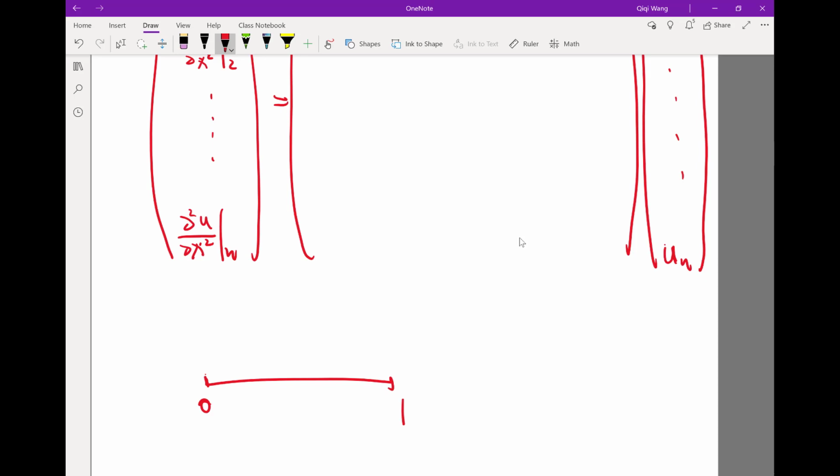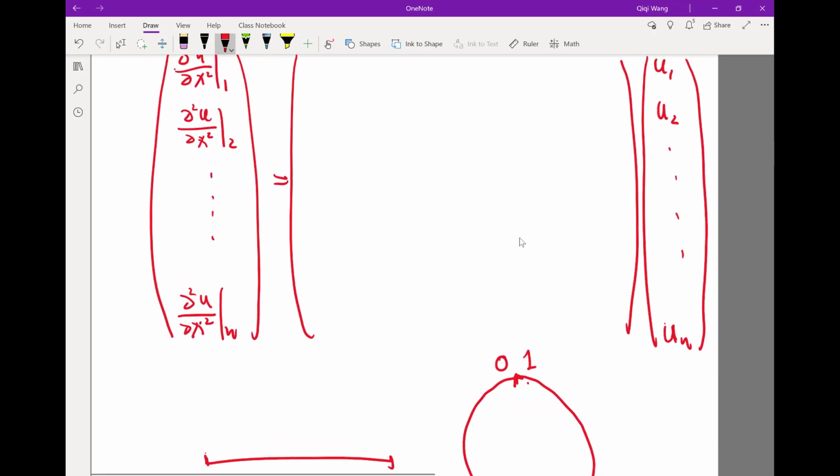I'm solving the equation on the ring. It's equivalent to saying, okay, I'm going to join this bar end to end, so 0 is the same as 1. So another way to think about periodic boundary condition is that there is actually no boundary. I'm solving the equation on a geometry where, if I go out of one boundary, I come back in from the other. So this is the case with no boundary condition.